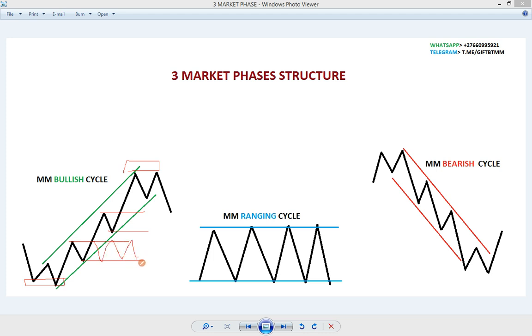We should be aware of that. We should be aware of this ranging cycle when we are trading. It can also appear in here, everywhere on the zones, and we should be wise to be aware of this ranging cycle.